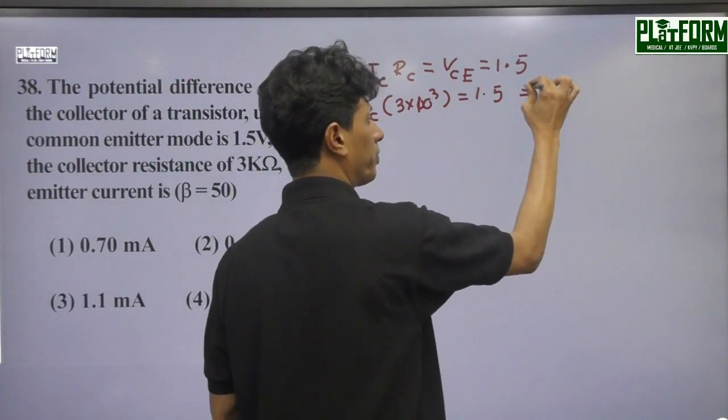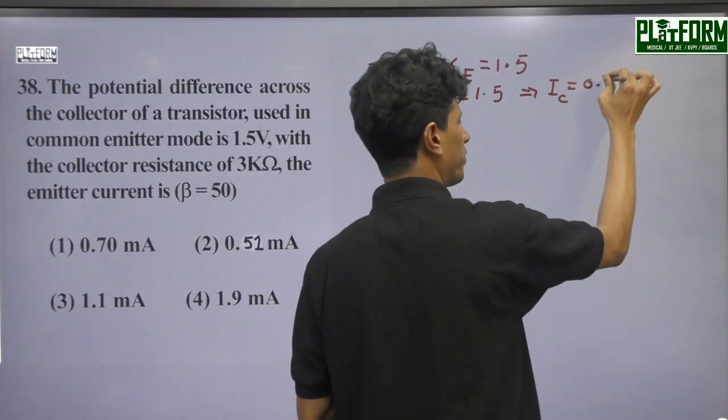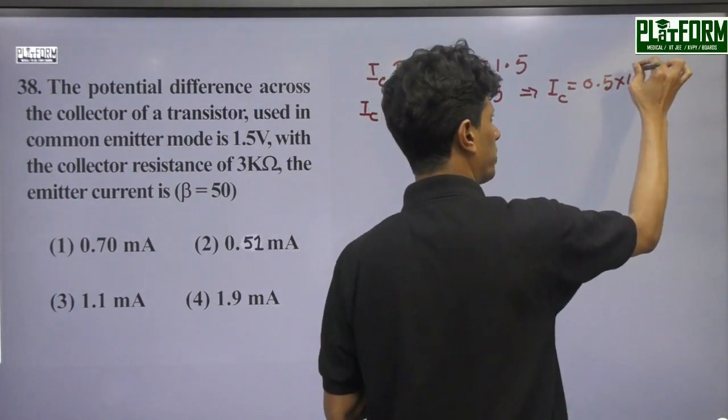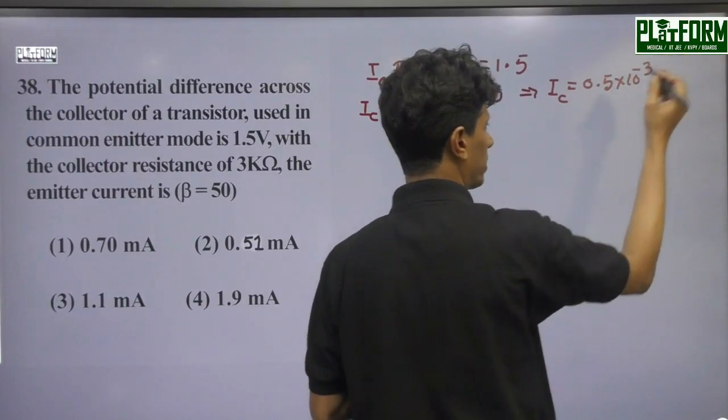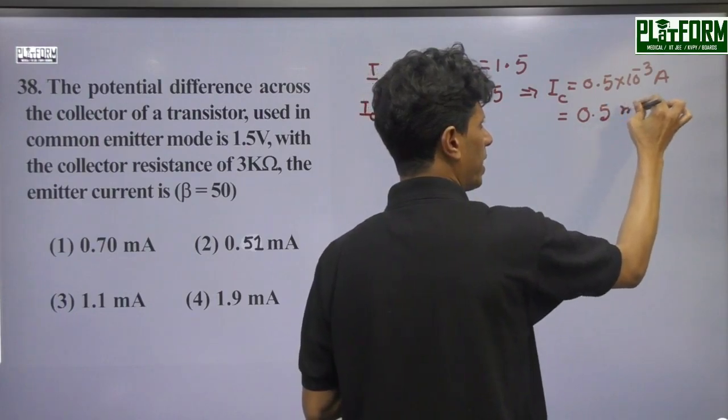From this we can say collector current is equal to 0.5 into 10 to the power minus 3 ampere, and this is 0.5 milliampere.